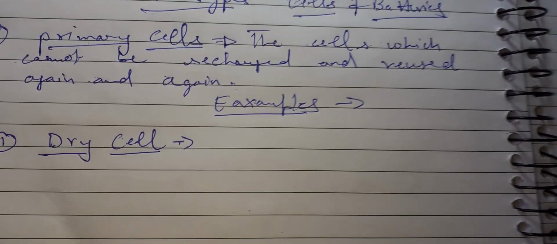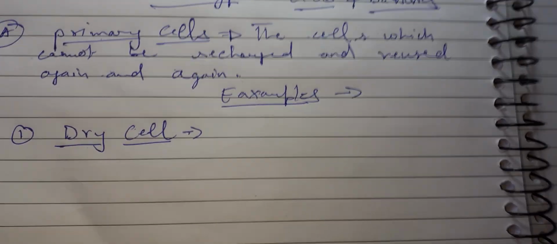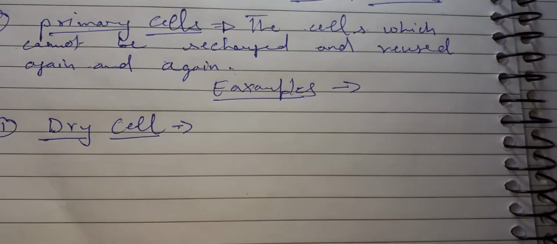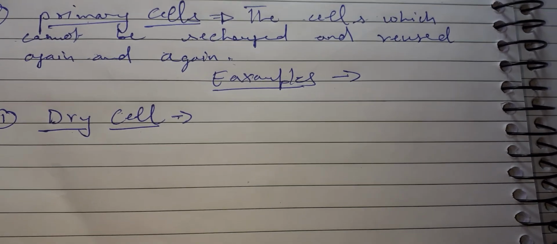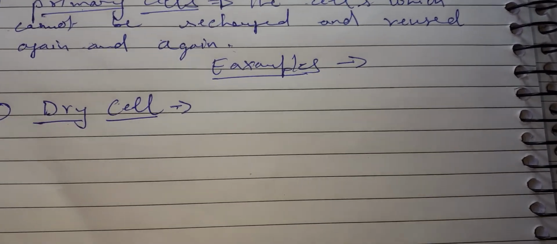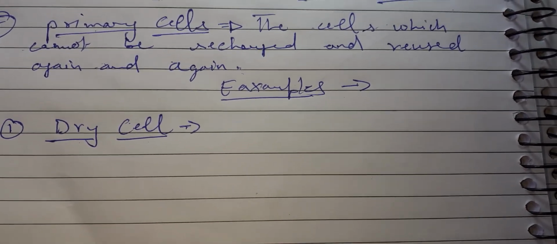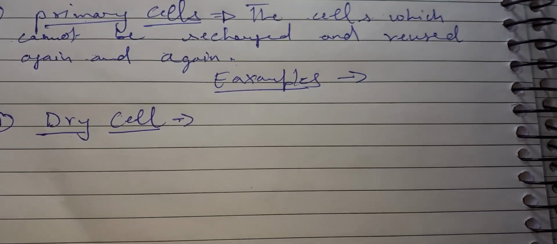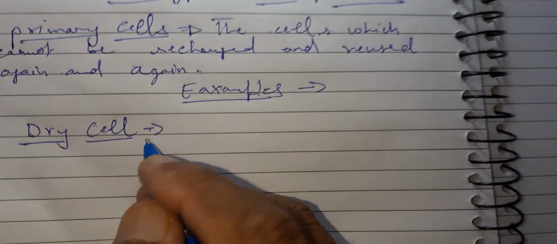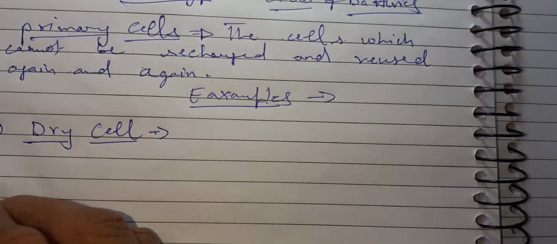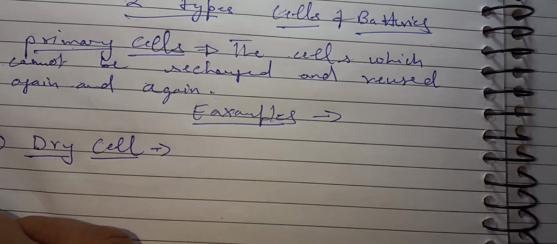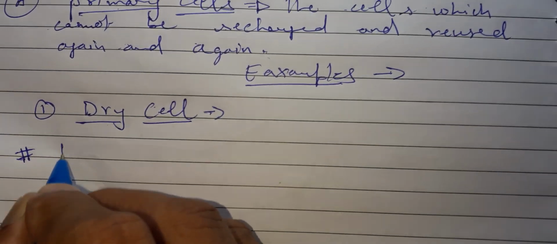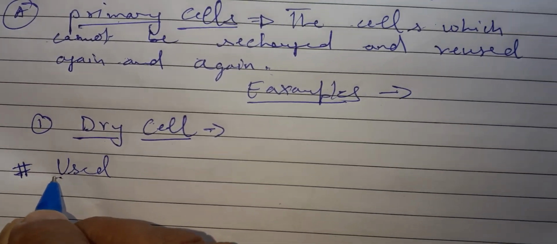So in each cell, basically we have to discuss four things, beta. Number one, uses of these cells, then what anode and cathode they are made of, then the reactions at anode and cathode, and then the voltage of each cell. So starting with the dry cell, first basic concept of dry cell is where it is used. Common uses of dry cells.